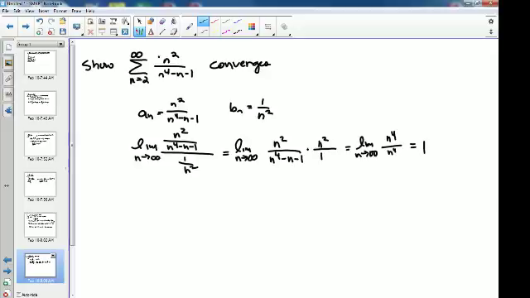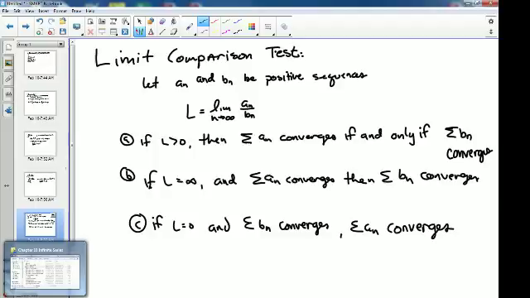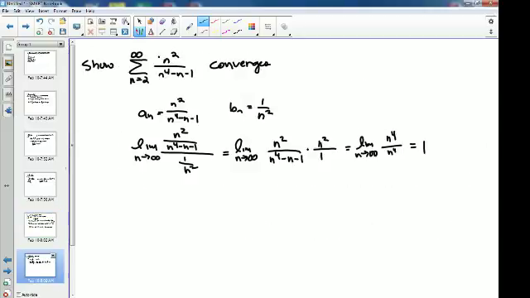Then we're going to look at the comparison test where L is 1. Both converge. Does this series converge? P series equal to 2 converges, right? So there you go.